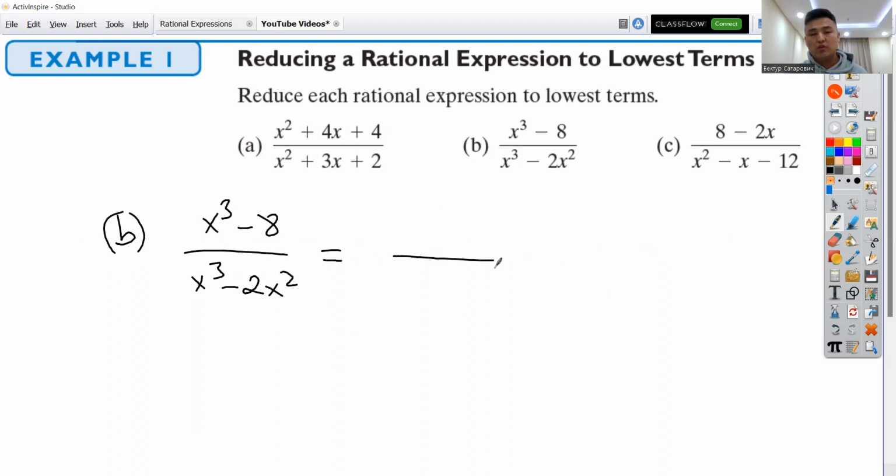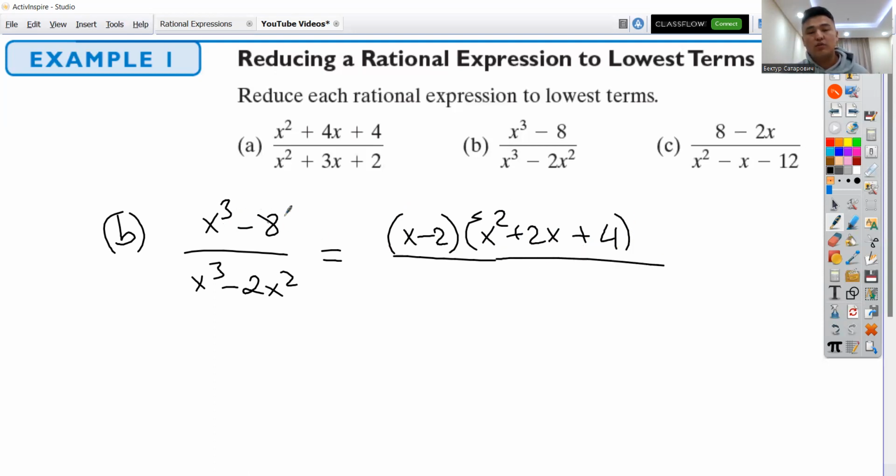What we are going to do here: in this numerator, I have to use the difference of cubes formula, where I will have x minus 2, and then x squared plus 2x plus 4. If you factor it using the difference of cubes, you will have this. Let me double check it.